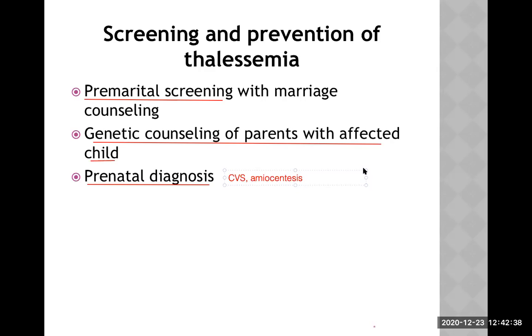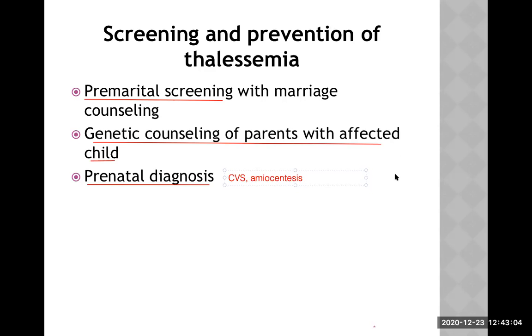The reasons for that are mainly two. One, excessive blood transfusion, and second, excessive iron absorption from the GI tract. That iron deposition occurs in different tissues and organs of the body, resulting in damage. Okay, and that can be manifested as heart failure, arrhythmia, death of the child, and different endocrinological manifestations.